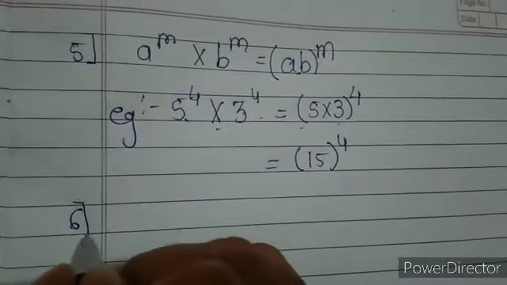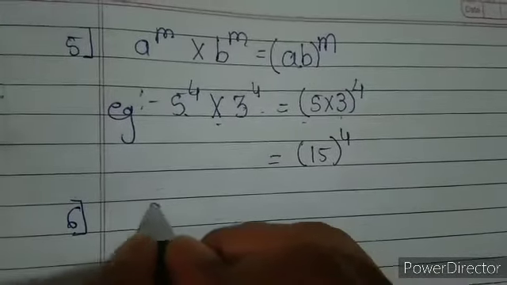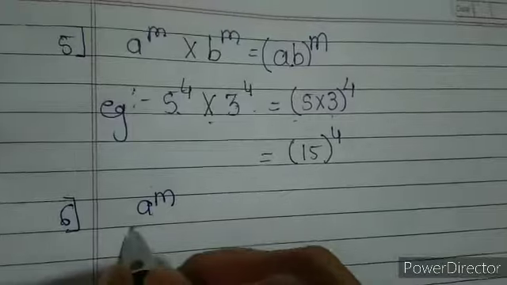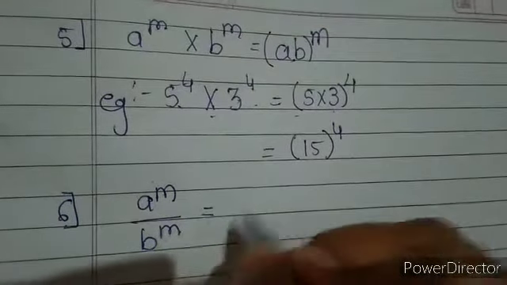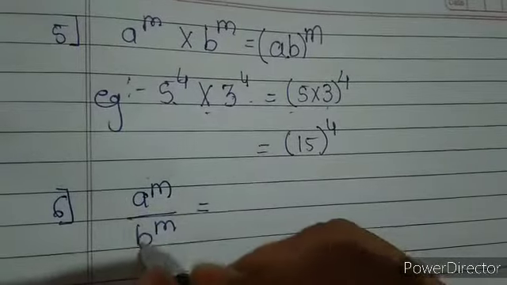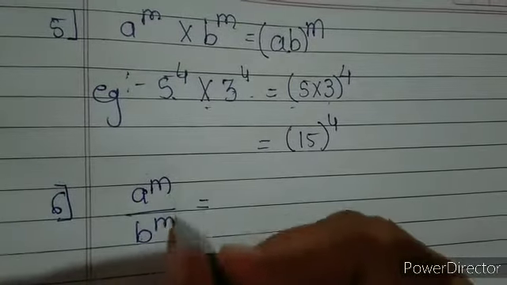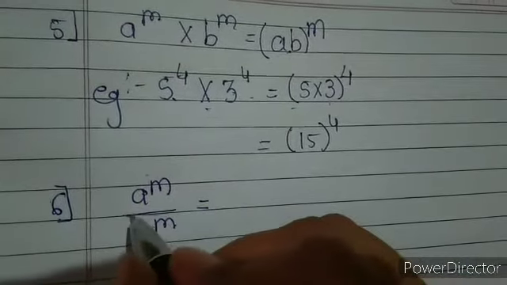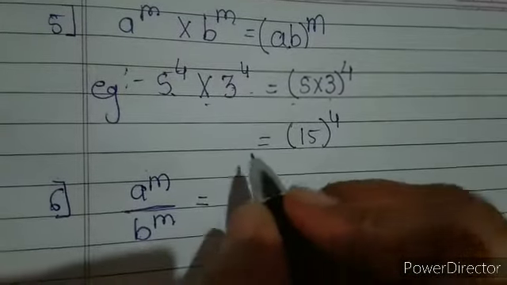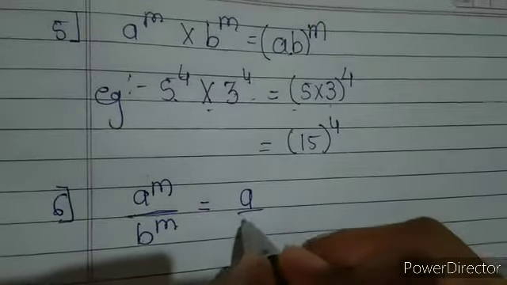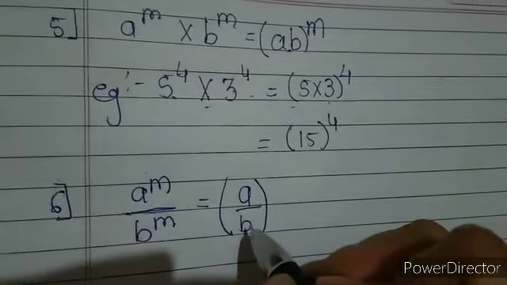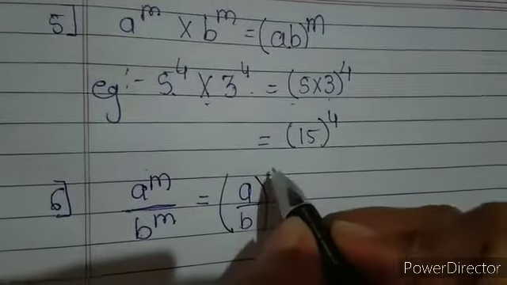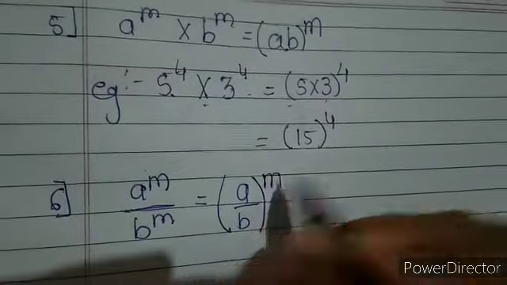The next law is a raised to m upon b raised to m. Again the base is different and the index is the same, having a division sign. So write a upon b, which means a divided by b, and the index commonly.